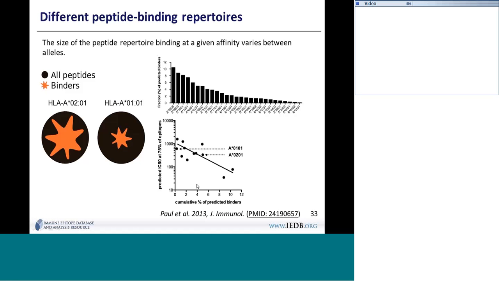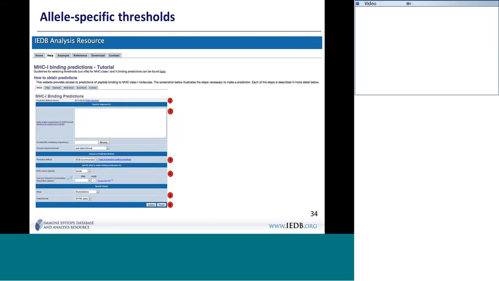Compared to A101, it has a higher repertoire that it can bind, and A101 also has lower affinities for epitopes. This gives us an idea that there might be allele-specific affinity cutoffs that we have to use, because alleles bind different repertoires of peptides and might have different affinities.